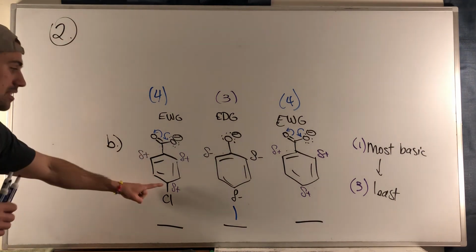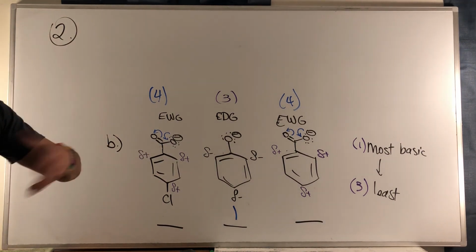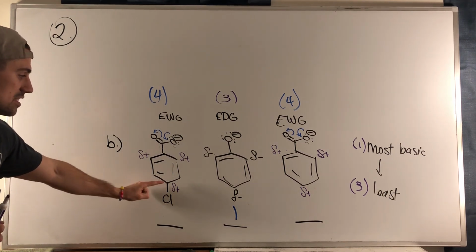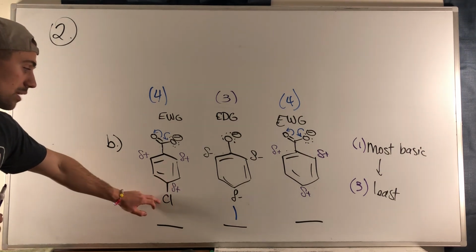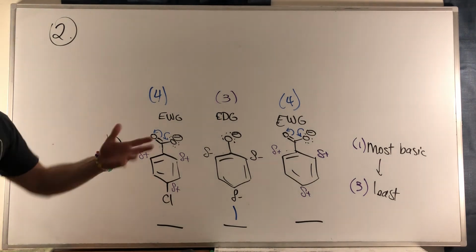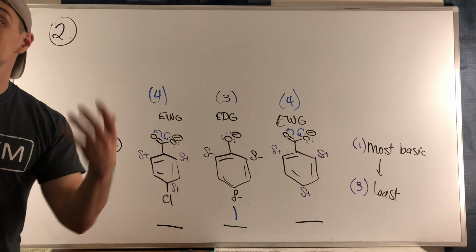This group creates a partial positiveness on this carbon. Now, what I hope you'll agree with, this chlorine helps stabilize this position when that partial charge right here is negative, this is partial positive, we have an opposite attraction, electrostatic stabilization.